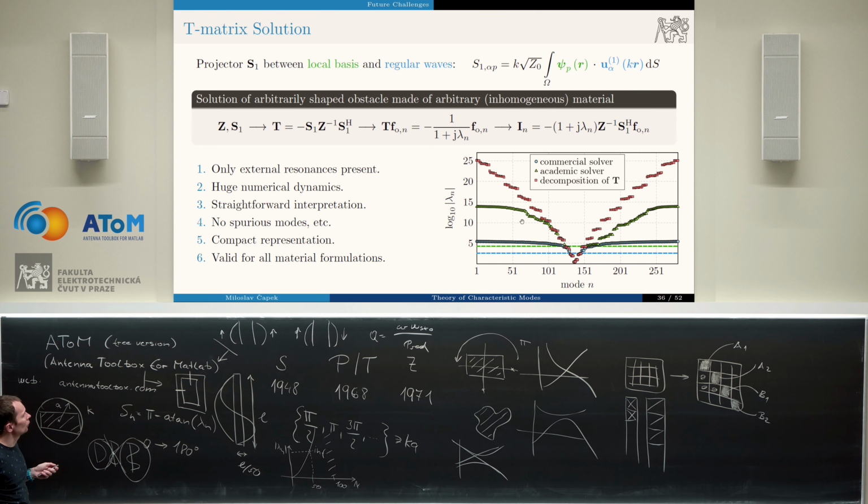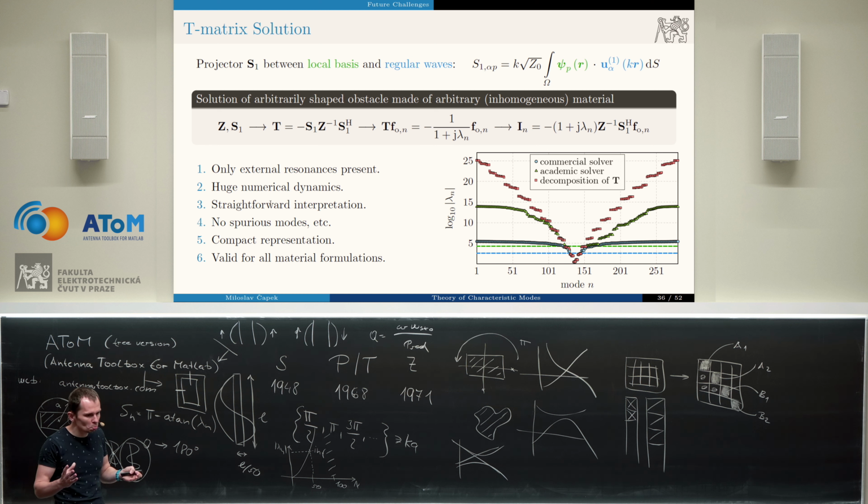Well, the decomposition of T done here, those are the red square markers, and you can see that there is no saturation at all. So you can calculate incredibly many characteristic modes precisely. Also, together with this decomposition, you get a straightforward interpretation, because everything is interpreted in a basis of outgoing spherical waves.